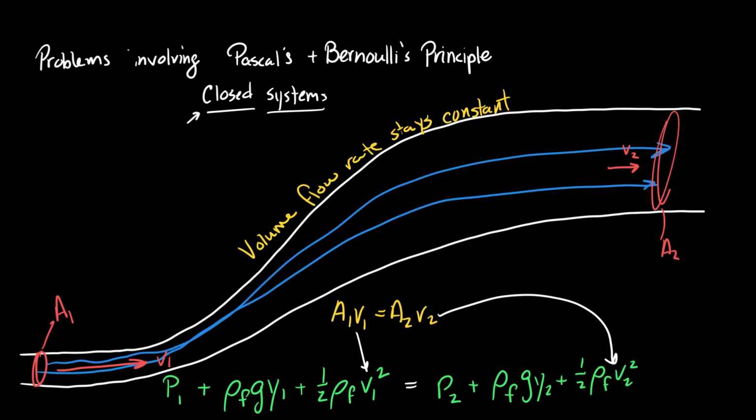So in this example, we know the velocity here is less than the velocity here. So the kinetic energy part is becoming a smaller number. But also in this example, the height of the pipe is changing. If this represents y1, well, y2 is greater than y1. So when we compare Bernoulli's principle, we know that this term is going to be going down, while this term is going to be going up.